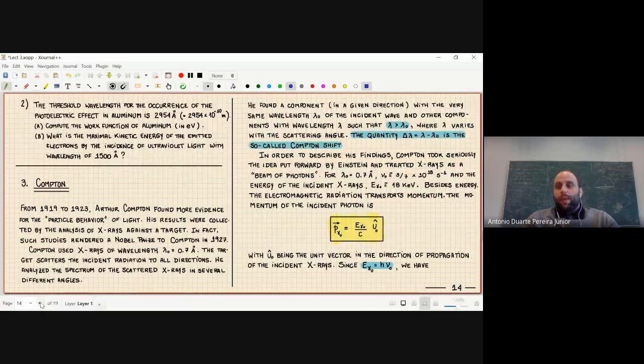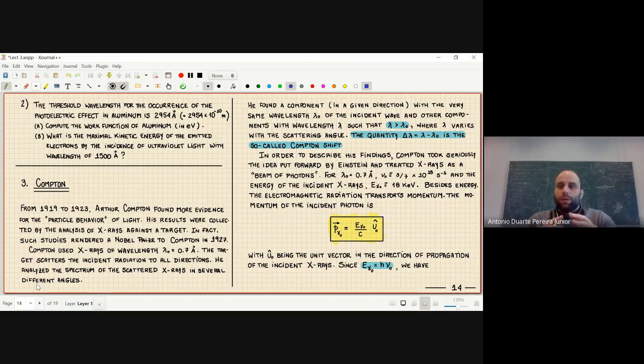So far we have discussed the black body radiation problem that Planck solved by postulating that energy exchange was done via the exchange of quanta of energy. And we also talked about the photoelectric effect and how Einstein explained it by considering that light is a beam of photons.